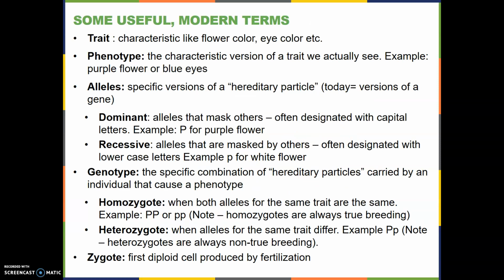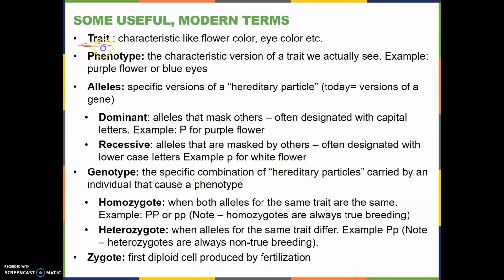So now in modern times, this is the terminology that we use. This terminology will get you through most of the questions. In fact, this slide is probably the most important slide for answering your questions and understanding how to solve genetics problems. So we use the term trait.